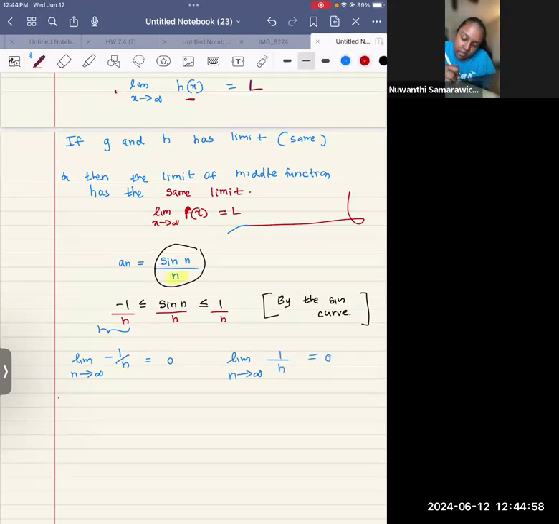Then by the squeeze theorem, because these two functions have the same limit, the limit as n goes to infinity of sine n over n is also 0.